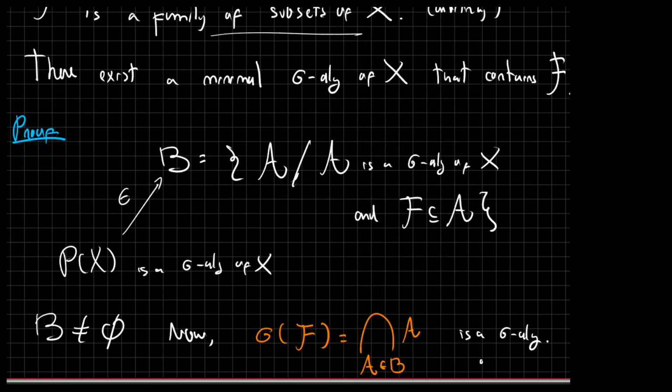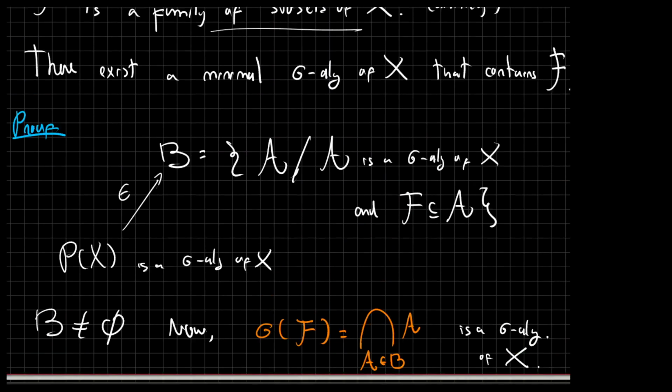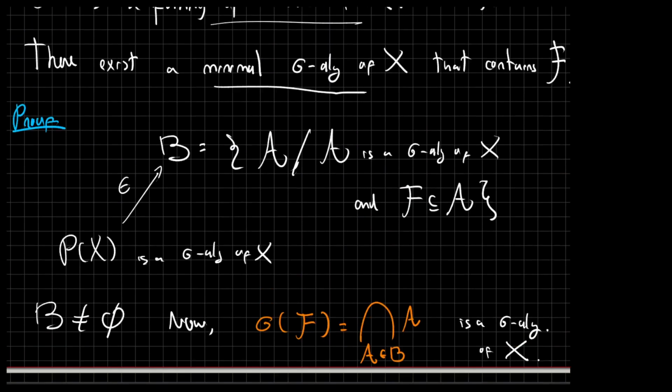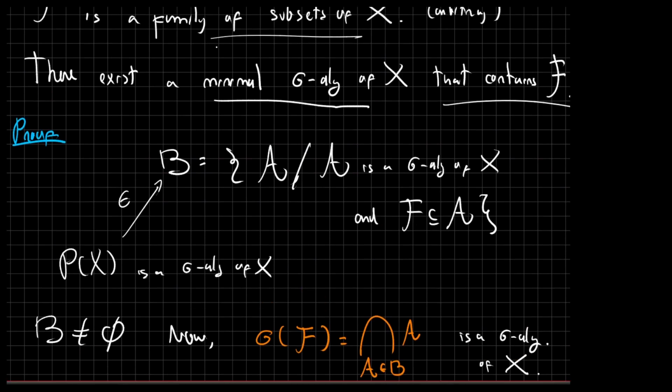So this is a sigma algebra of X. So we now need to show that this is a minimal sigma algebra of X that contains F, minimal in the sense of inclusion, of course.